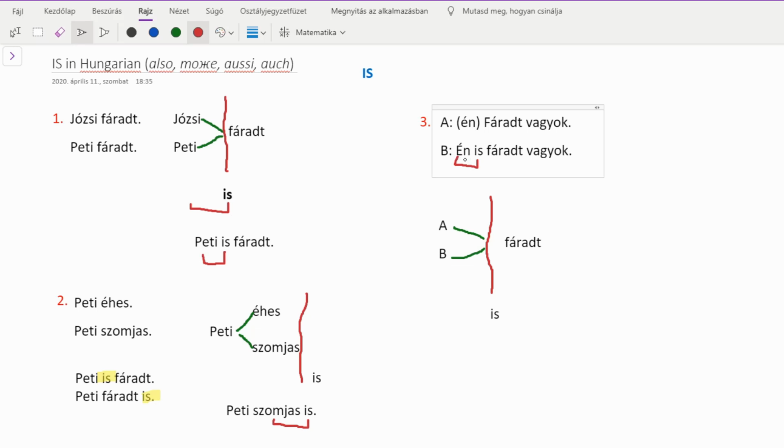So if A says fáradt vagyok, B may say én is fáradt vagyok. And this sentence will be perfect in this situation.